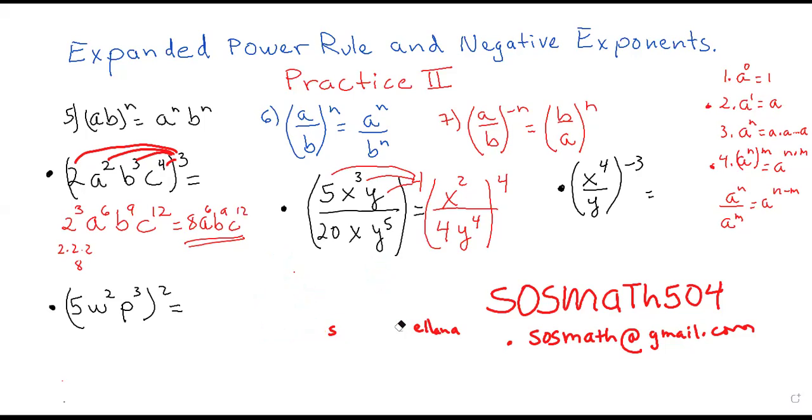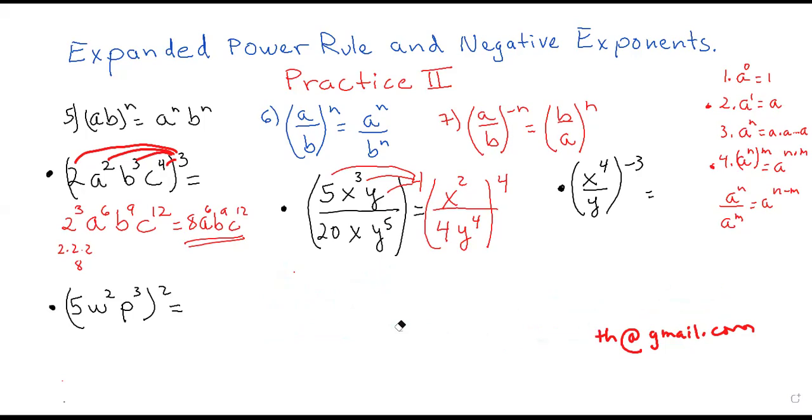Let's write the answer. Then I'm going to multiply x to the second times 4, and that will be x to the 8. 2 times 4 is 8. And I have 4 to the fourth power is 4 times 4, 4 times by itself, and that is 16 times 4.